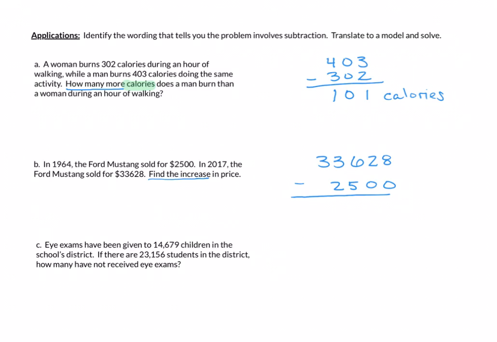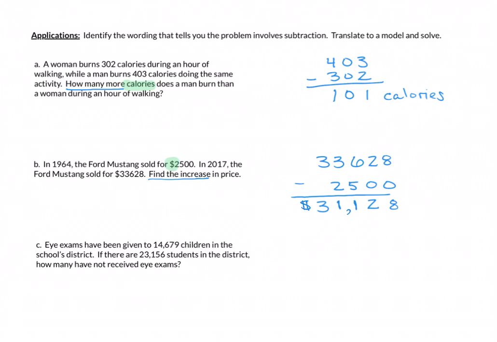So we get 8 minus 0 is 8. 2 minus 0 is 2. 6 minus 5 is 1. 3 minus 2 is 1. And we bring down our 3. The last thing we need is our units. We are looking at dollars, and so my final answer is going to be $31,128. All right, that takes care of example B.